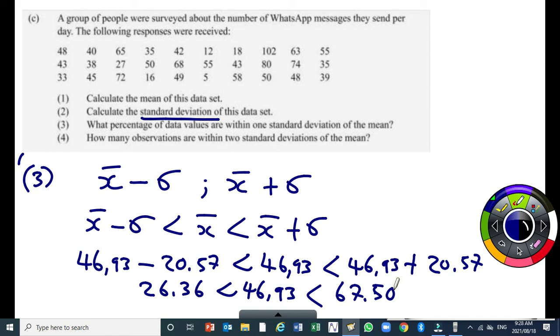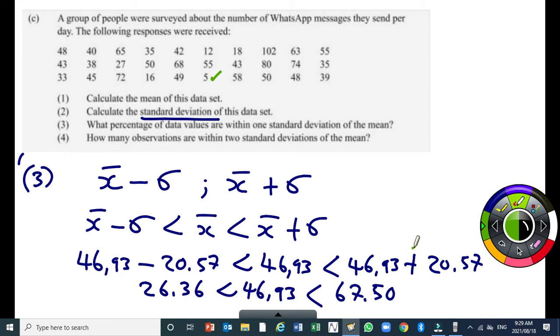In this data set here, how many values are between 26.36 and 67.5? We have got the 5. So all we have to do is, if a value is above 67, we don't want it. If it's below 26, we don't want it.